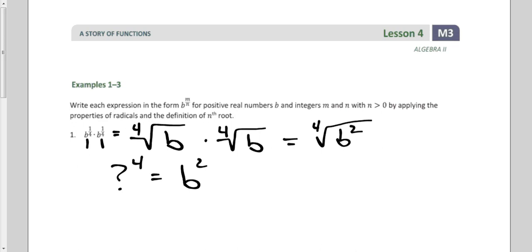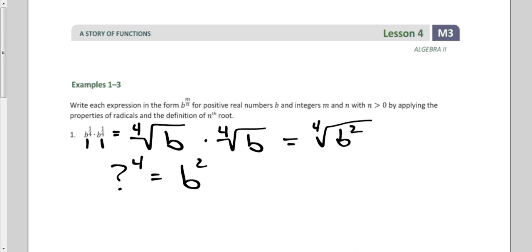Now let me ask you this. Here's a good way to think about this. The 4th root is like taking a square root of a square root, right? Would you buy that?